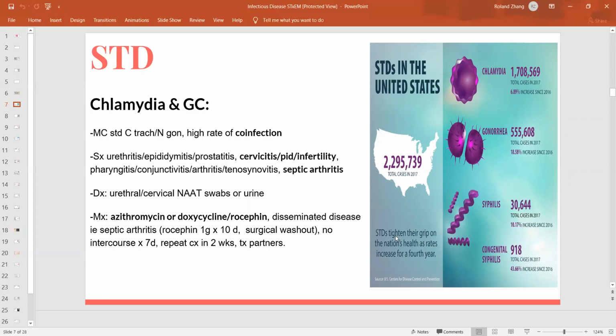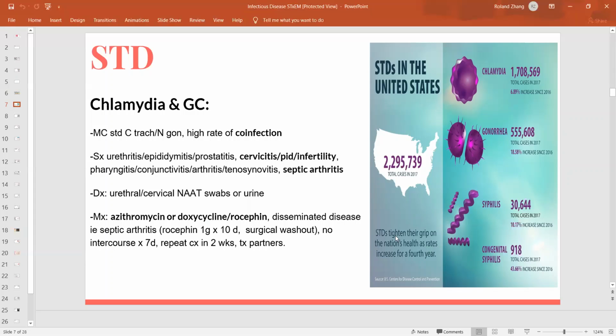In women, it can cause a pelvic inflammatory disease and even infertility. And in both men and women, it can cause septic arthritis, especially with gonorrhea. So it's something that we should treat and not wait while we're waiting for the swab or the urine study to come back.